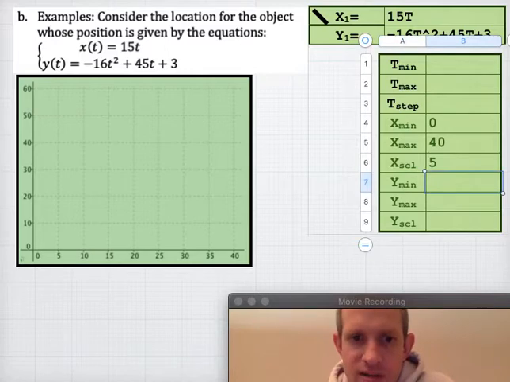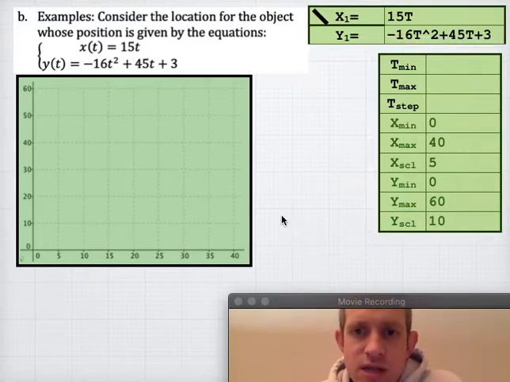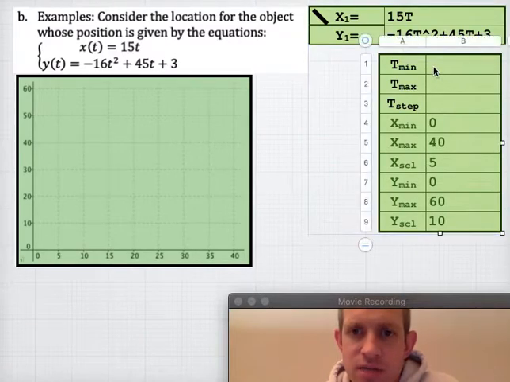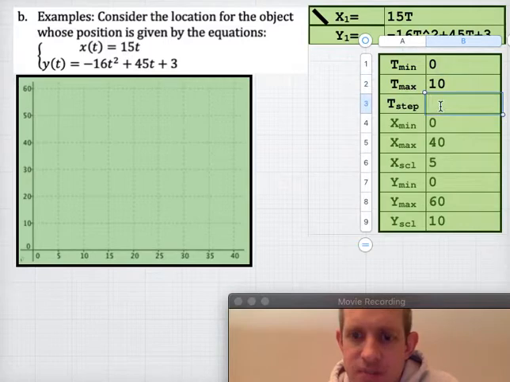And for the y-axis, we'll go from 0 to 60 by 10s. But the new settings are going to be these time settings up at the top. And so for now, I would suggest that you type in for a t minimum 0, for a t maximum 10, and for a t step maybe 0.1.